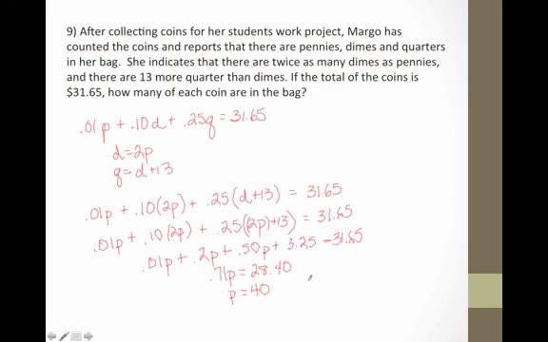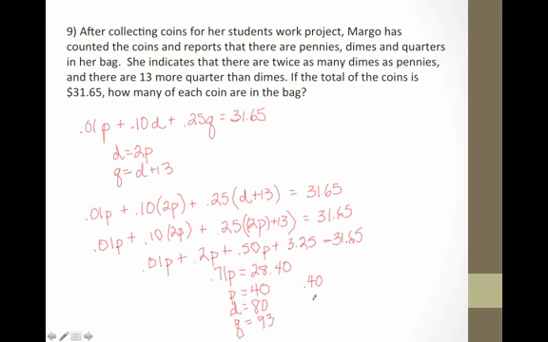Now I can go back up and start solving for my other variables. I know that my dimes are twice my number of pennies, so dimes are 80. And then my quarters are my dimes plus 13, so 80 plus 13 is 93. I'm going to double check my work by adding the values of all those.